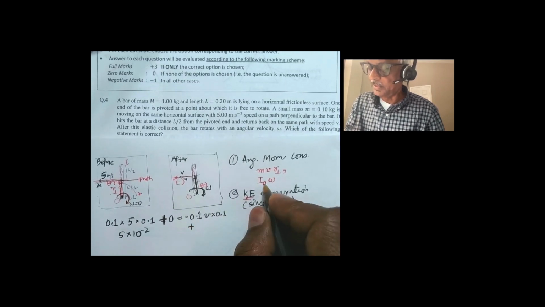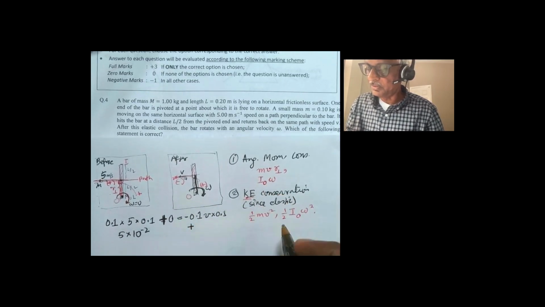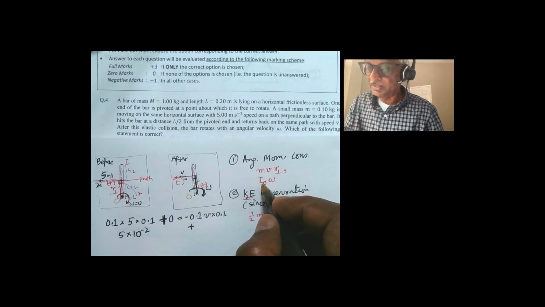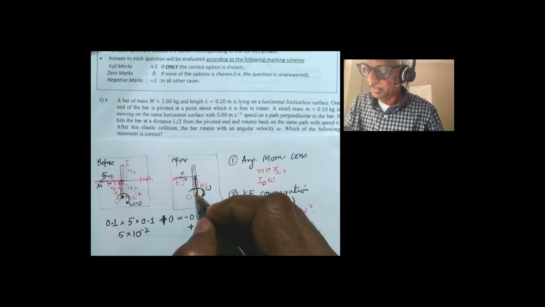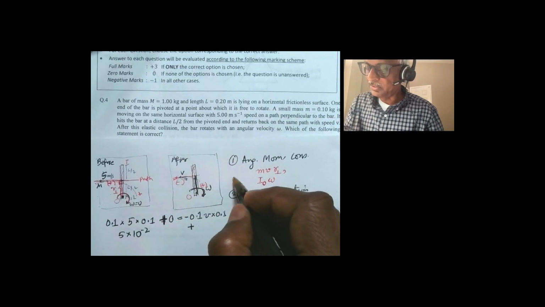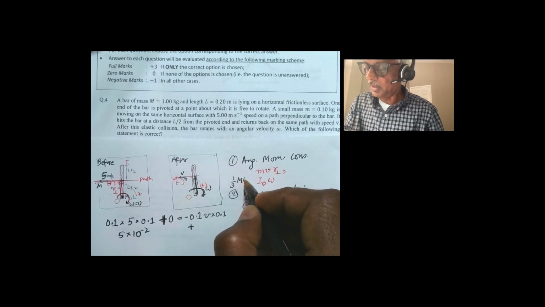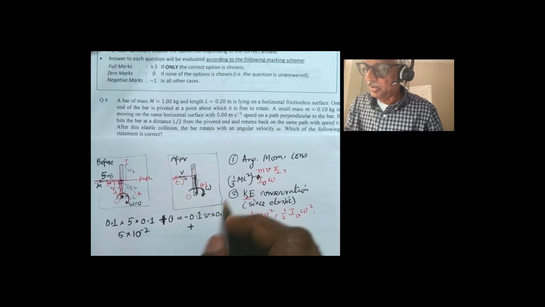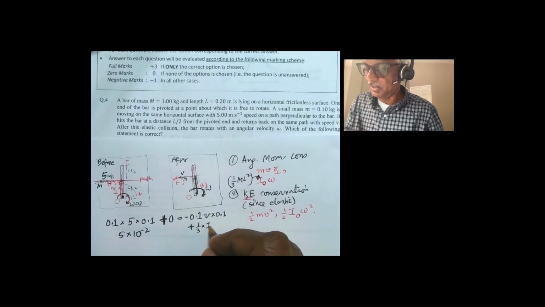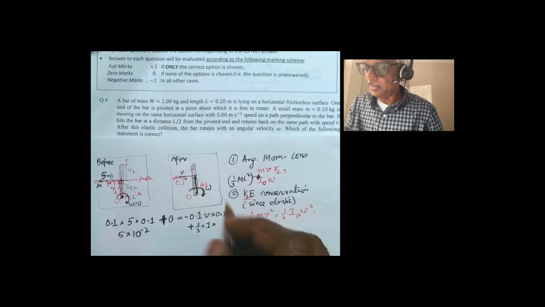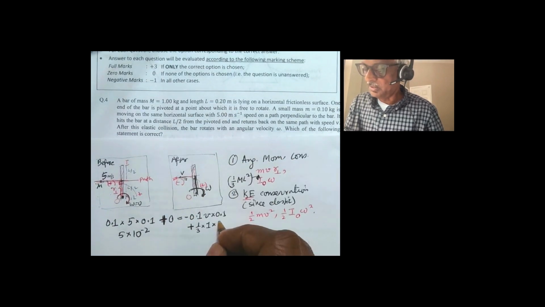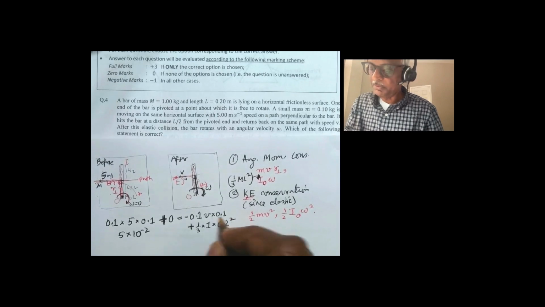Plus I_O will be, what's the formula for I_O at the edge? It's 1/3 m L squared. So 1/3, m is 1 kilogram, L is 0.2 squared, so everything is 10 to the minus 2.